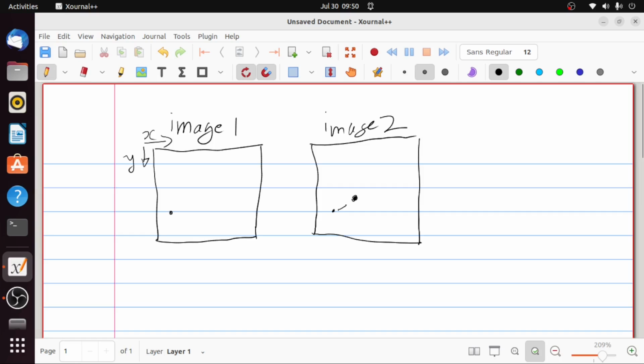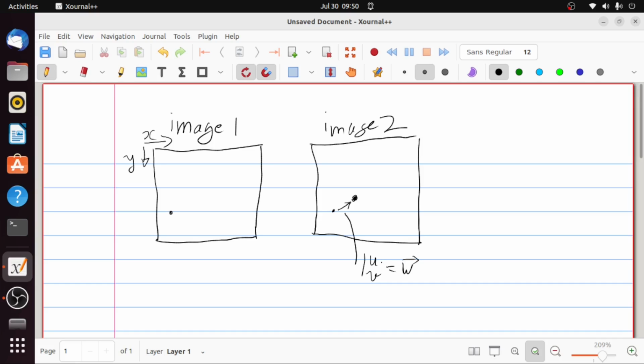So this vector here is the UV, and in the PDF I call it W, in bold because it's a vector. So this is the displacement, and that's what optical flow is all about.